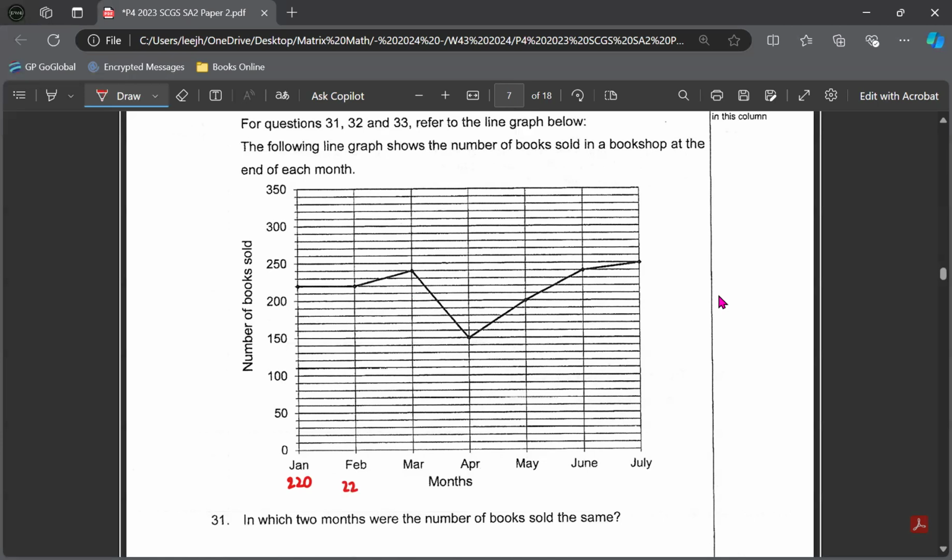February, also 220. March, 240. April is 150. May is here, which is 200. June is 240. And July is 250. Okay, read question 31 properly.